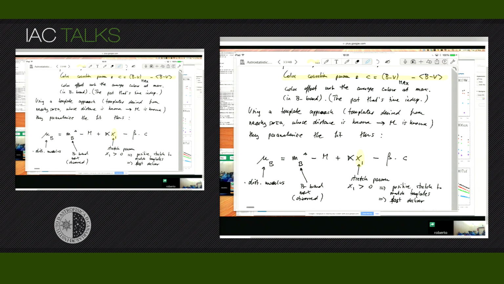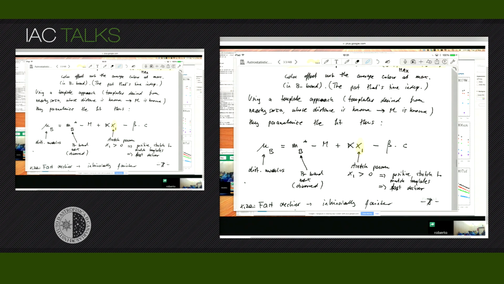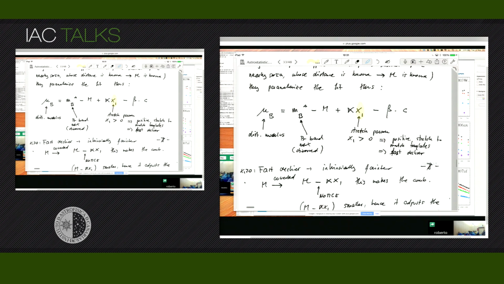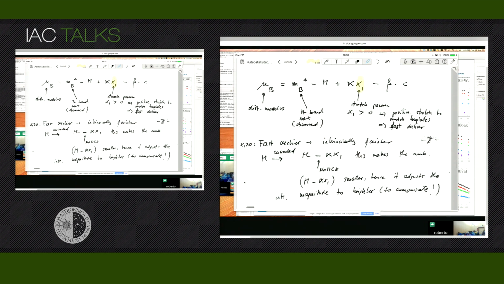Okay, so then, with all of this, the statistical problem in this relatively simplified approach boils down to this.